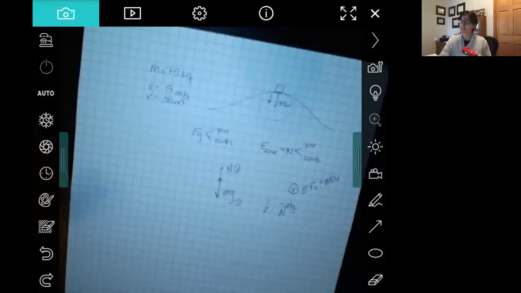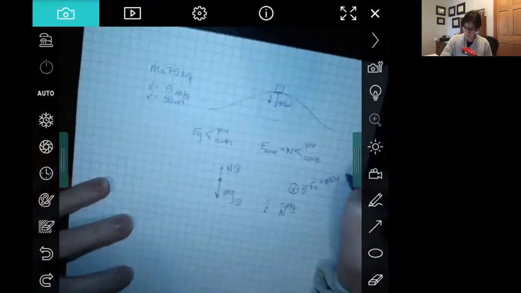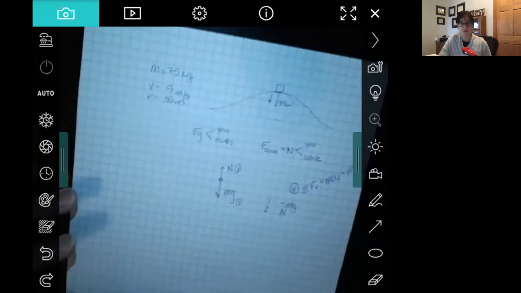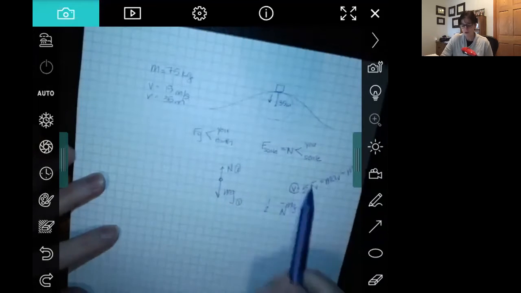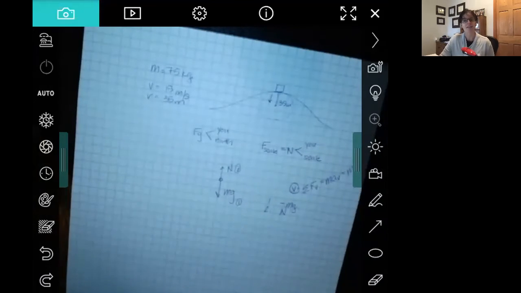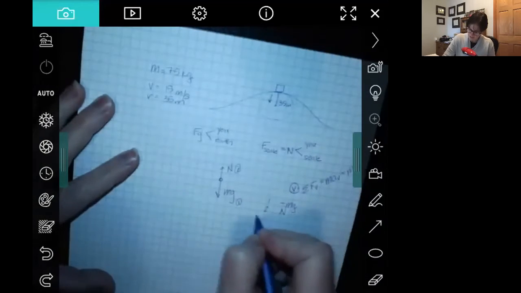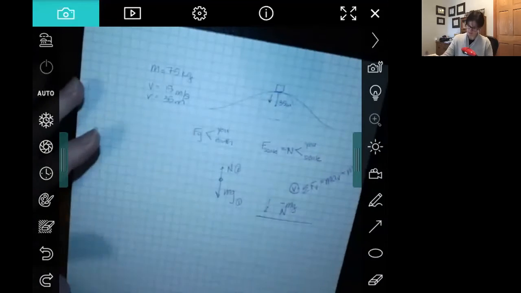Now we ask ourselves, is this translational motion or circular motion? Because it's circular motion, this is the centripetal acceleration. So the vertical forces are what are giving rise to the circular motion, which is a good thing because there aren't any other forces acting.